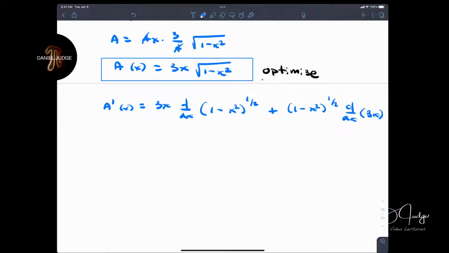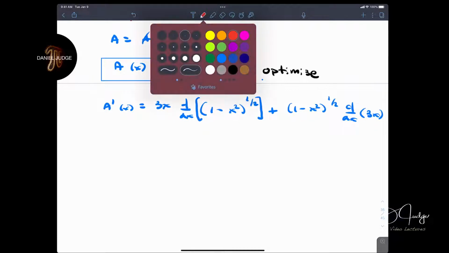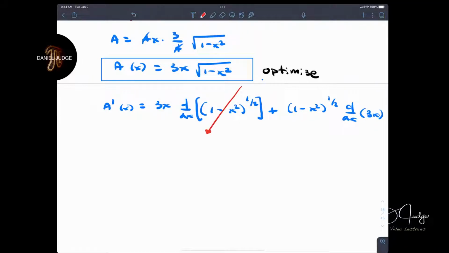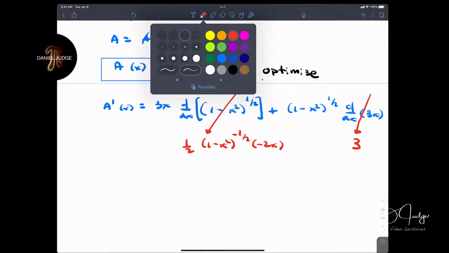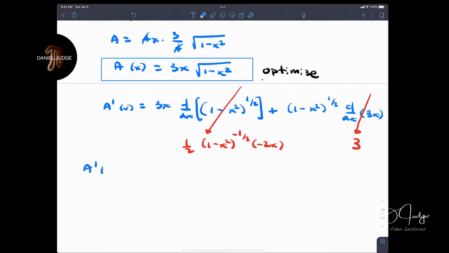So we'll use product rule now. This is 1/2 1 minus x squared to the minus 1/2 times a negative 2x by that chain rule. This derivative is a lot easier. It's just 3. A prime x. Notice your 2's cancel.